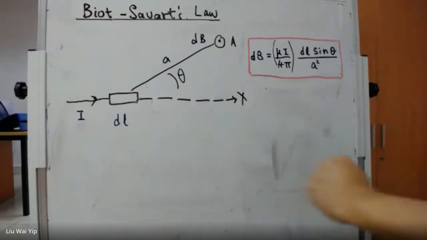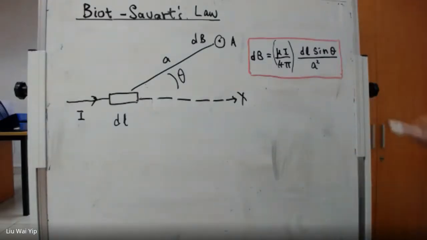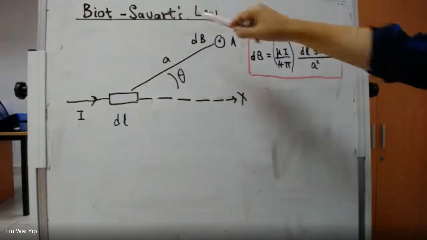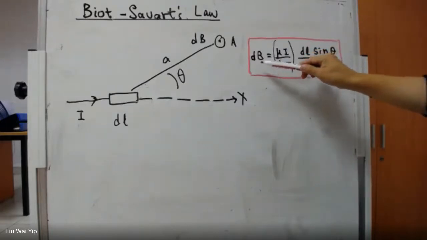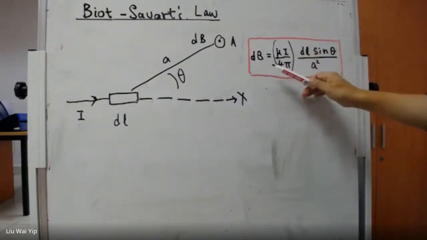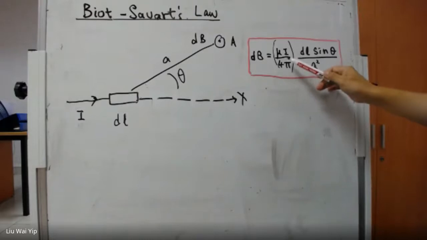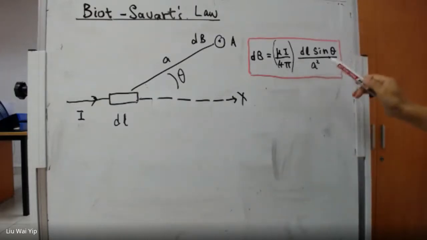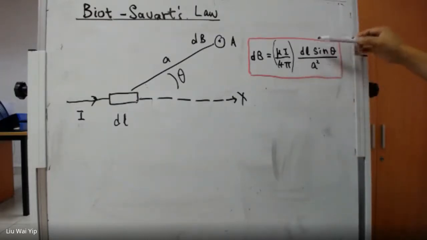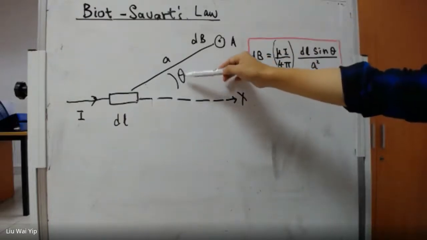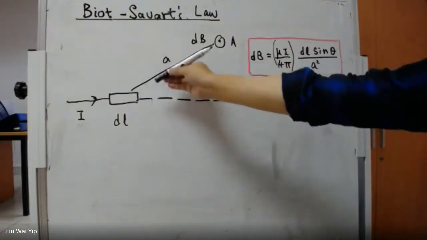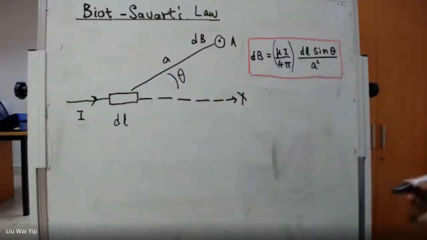By Biot-Savart's law, you are going to end up with a magnetic field dB, delta B, which equals mu I divided by 4 pi, times delta L times sine theta, where theta is the angle between vector a and the horizontal axis.